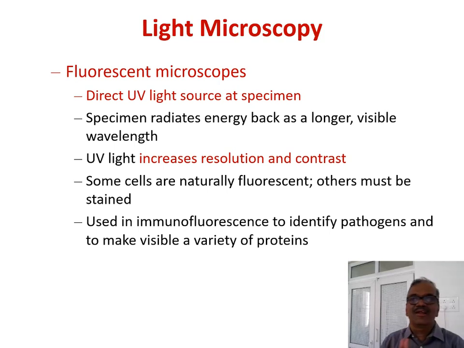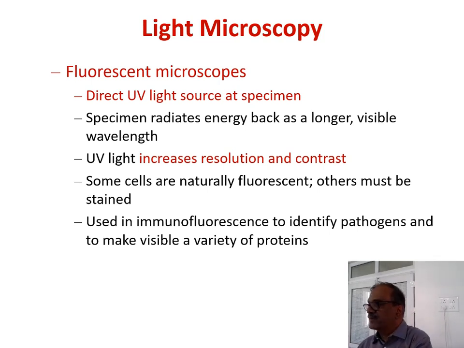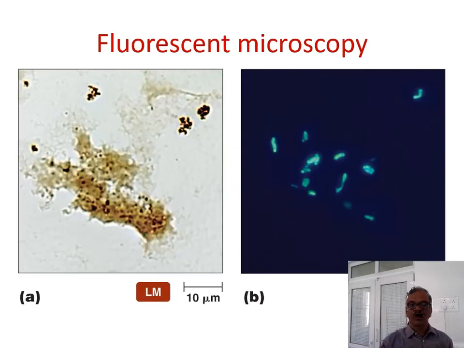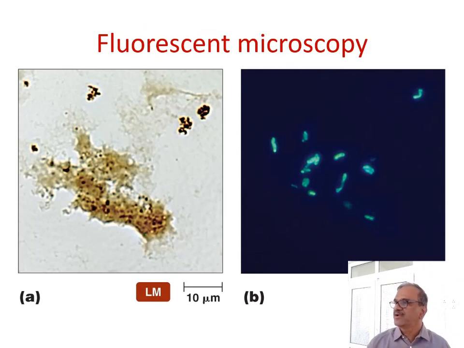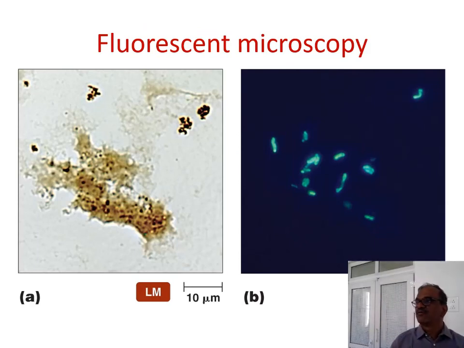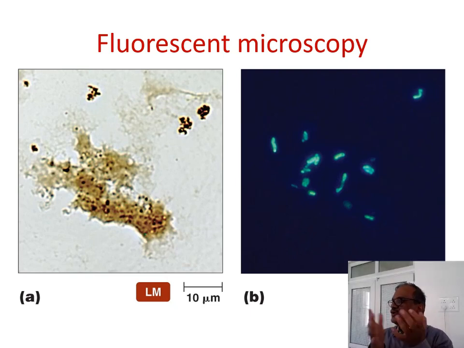Enzyme substrate complex. Similarly, antibody and antigen. Okay, so in that, if you tag one with a particular fluorescent color, you can see fluorescent images. All other fields are not visible, but your chromosomes alone can be seen if you are doing the fluorescent staining. Okay, so like that it is possible.